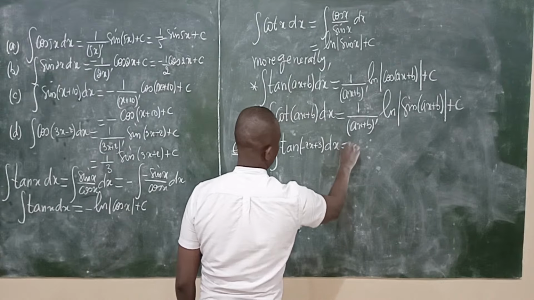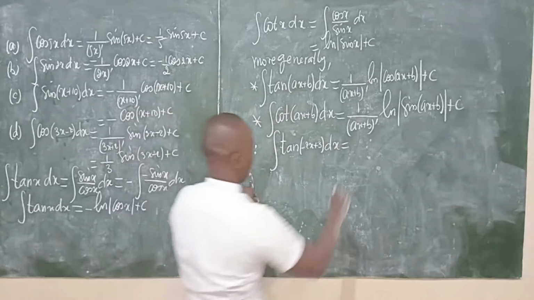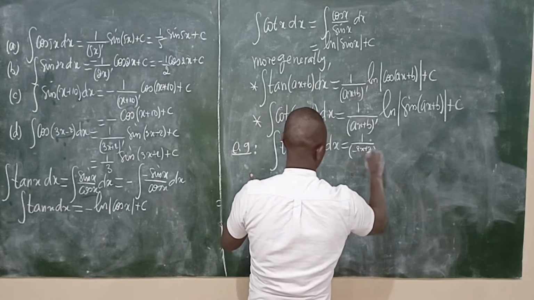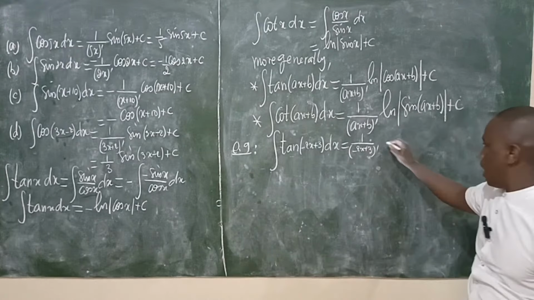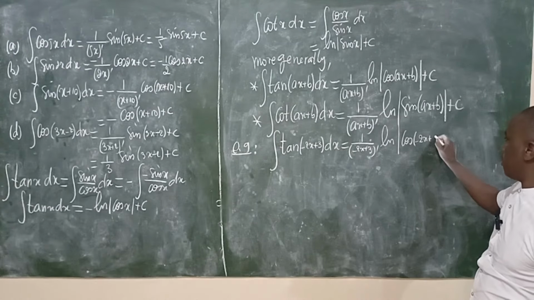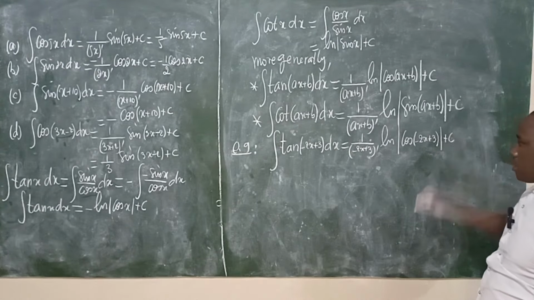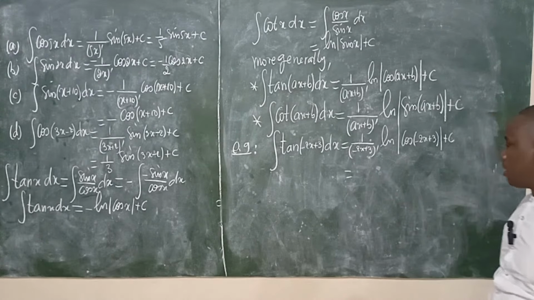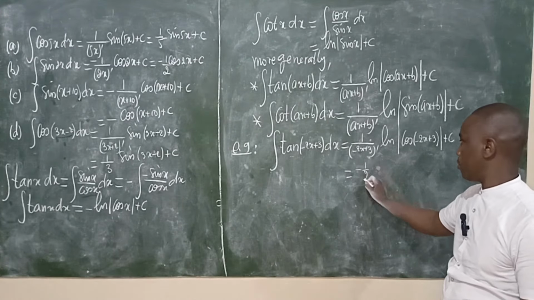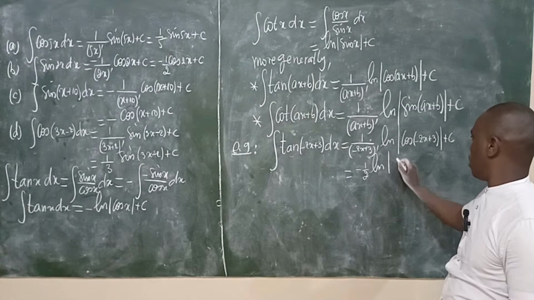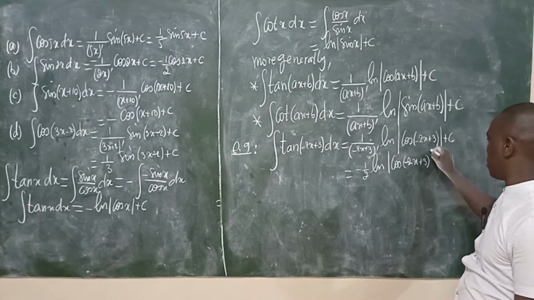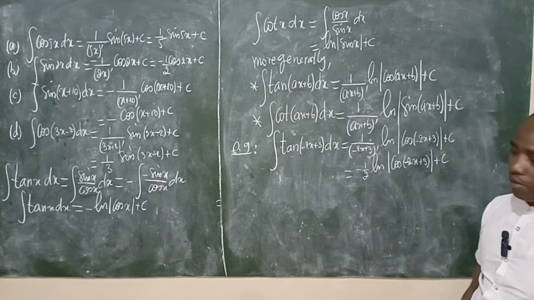For example, this will be given by 1 over the derivative of minus 2x plus 3, times the natural log of cosine of minus 2x plus 3, plus a constant. The derivative of minus 2x plus 3 is minus 2, so this is minus a half of the natural log of cosine of minus 2x plus 3 plus a constant.